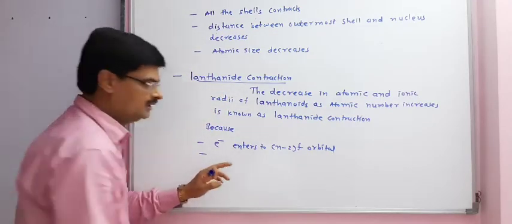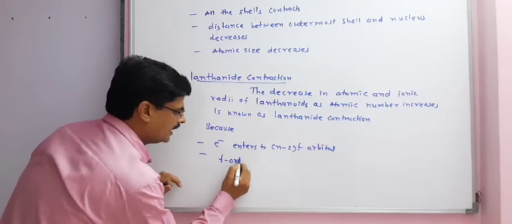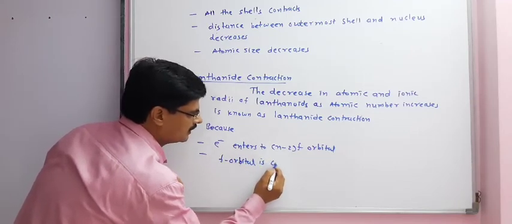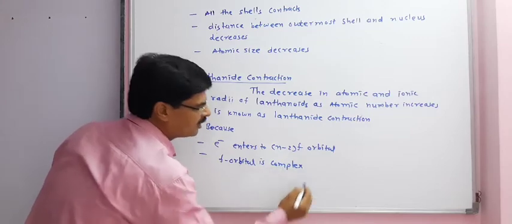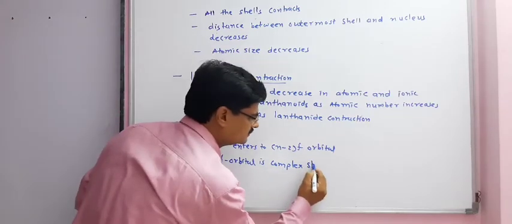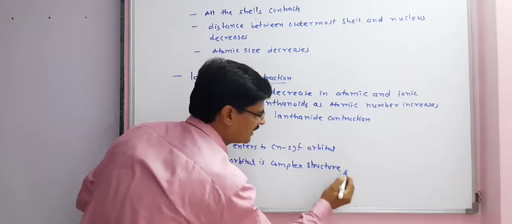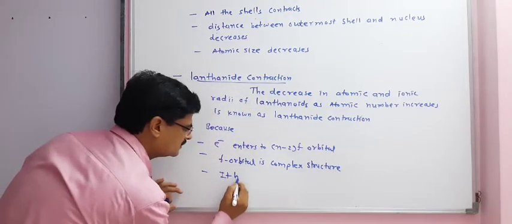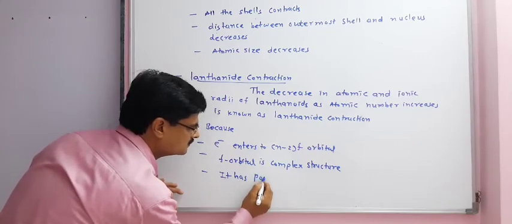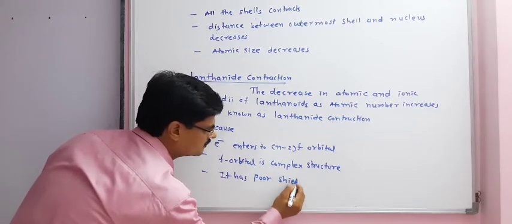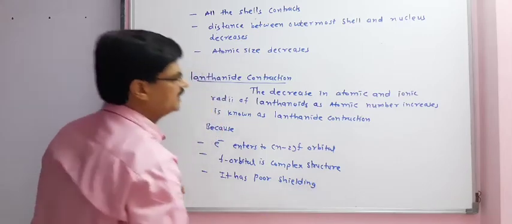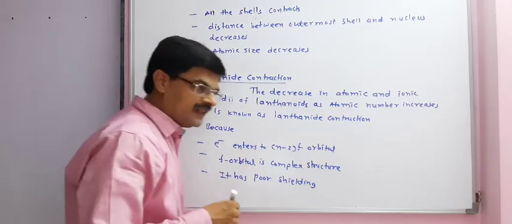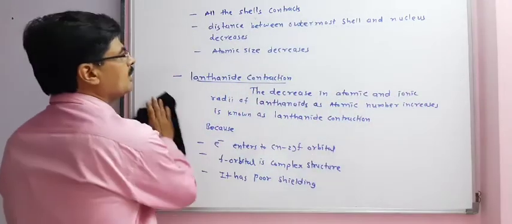Point number 2, f orbital is having complex structure. Also, it has poor shielding. Because of this, lanthanoid contraction is observed. Same way, transition contraction.